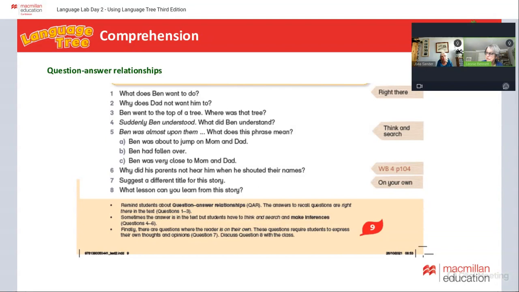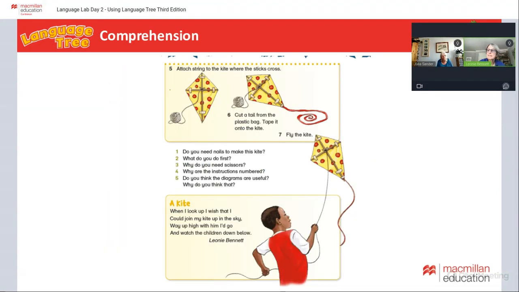The answers to some other questions are in the text, but the student has to think and search for them and make inferences. And so we've got think and search on the right. And there are some questions where the reader's on their own or working in conjunction with the text and is asked to express their own thoughts and feelings. Next slide, please.